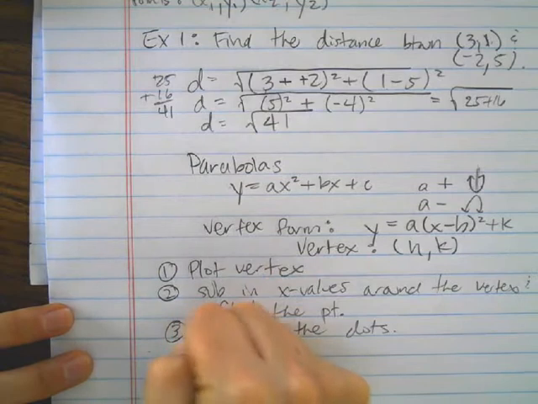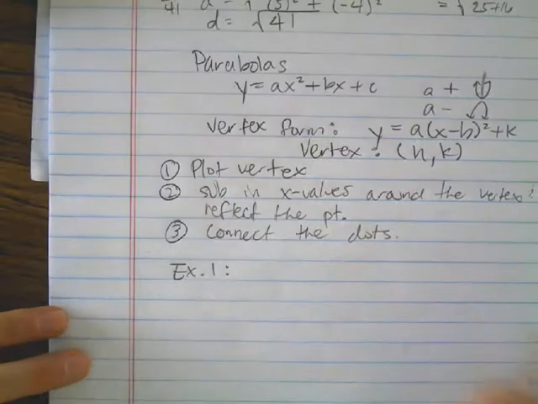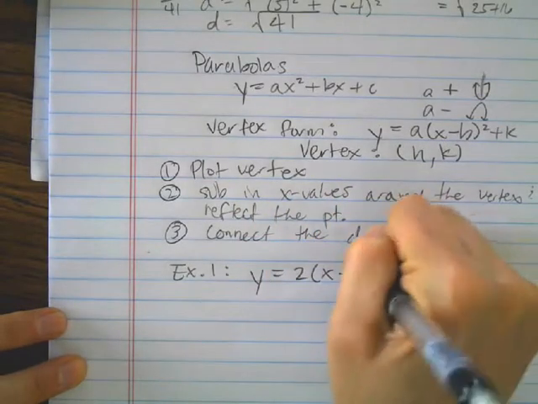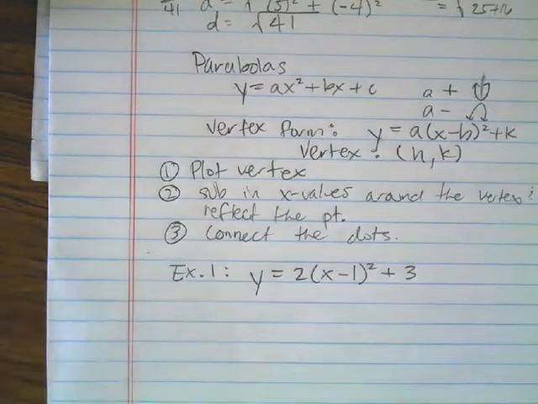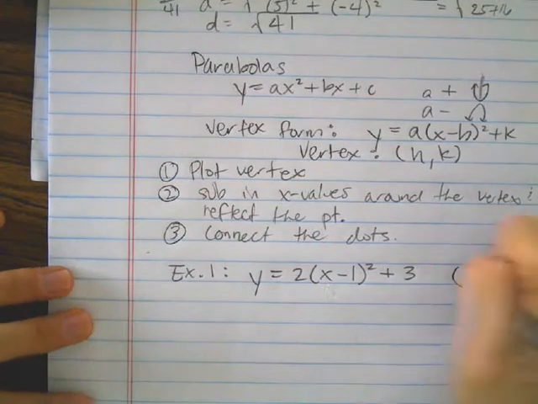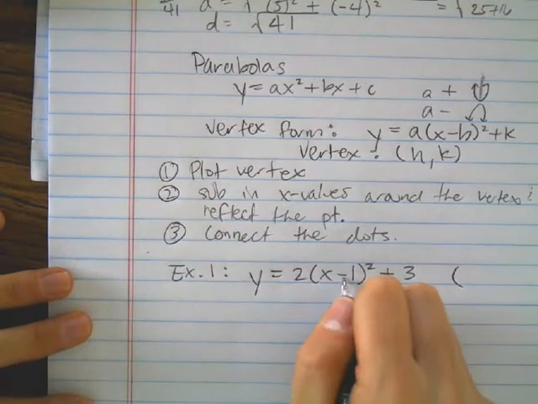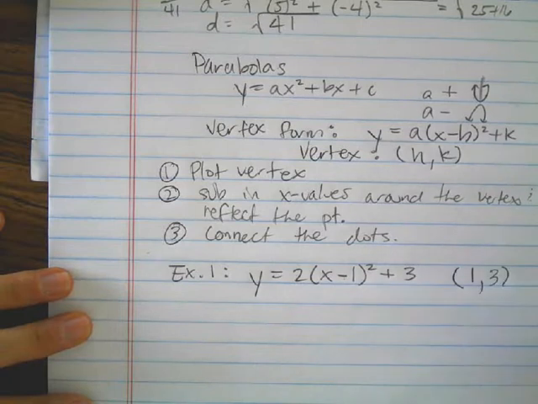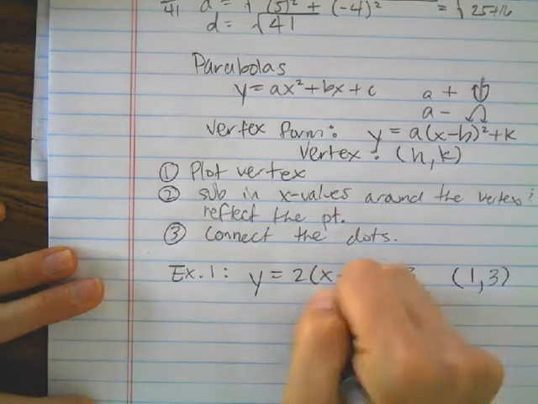So, for example, let's say we had y equals 2 times (x minus 1) squared plus 3. So first I find my vertex. My h is the opposite of this -1, so the opposite is 1, and the k value is 3. So I'm going to plot that point first.